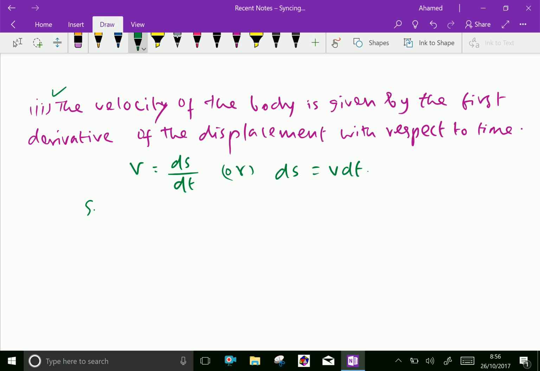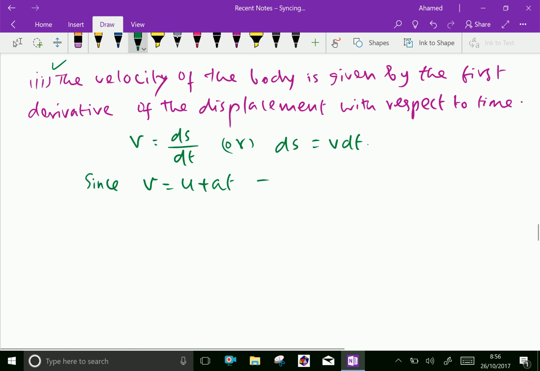Since v equal u plus at is already proved, therefore we can say ds equal u plus at into dt.